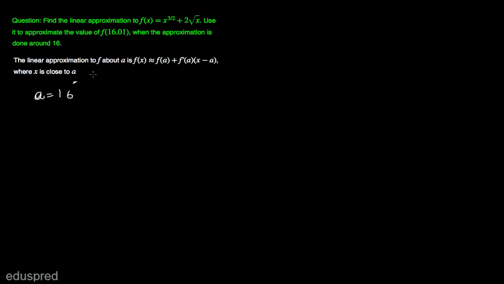So the linear approximation of f around 16 would be f(x) ≈ f(16) + f'(16), which is the first derivative of f(x) with respect to x evaluated at 16, multiplied by (x minus 16), where x is close to 16.